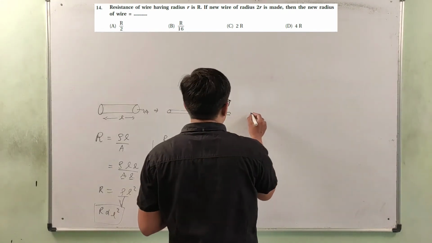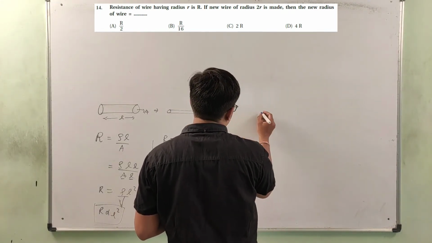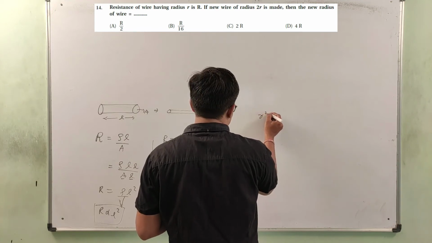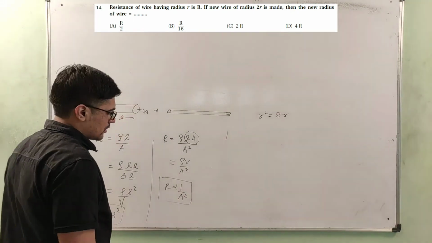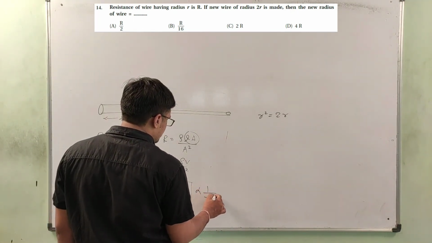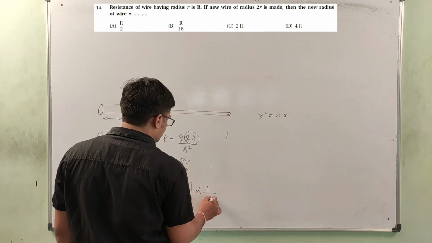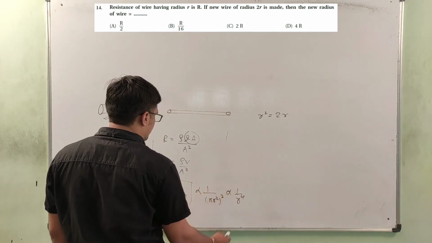Now you are making the radius double, so the new radius is double that of R. Radius is included in the cross section. Cross section area is equal to pi R square, so A square is pi square R power 4.